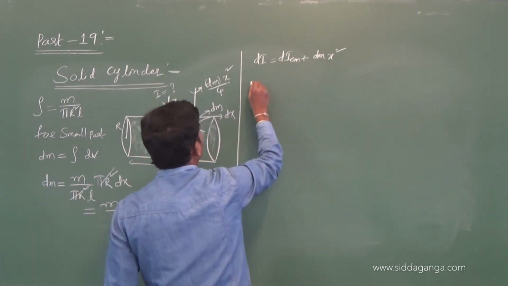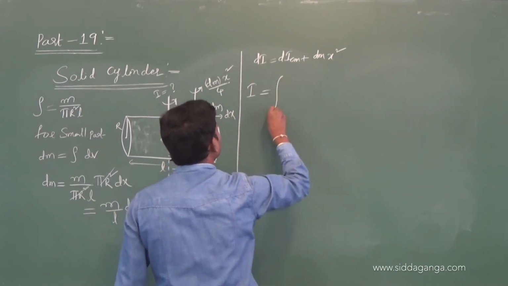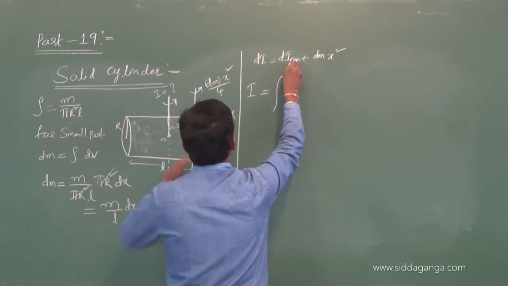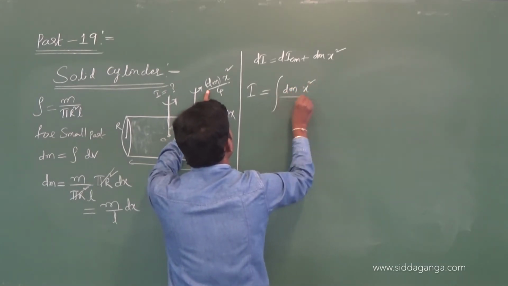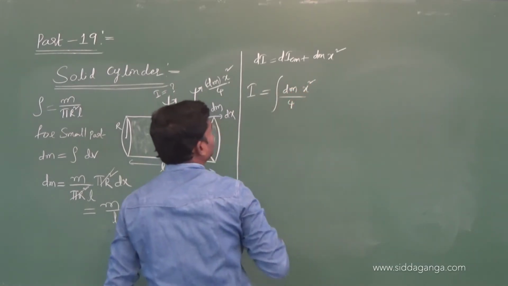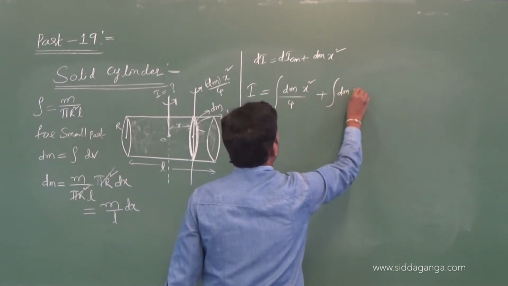Otherwise, after the integration, I is equal to the integration of dI_CM, which is dm R square by 4, plus the integration of dm x square.